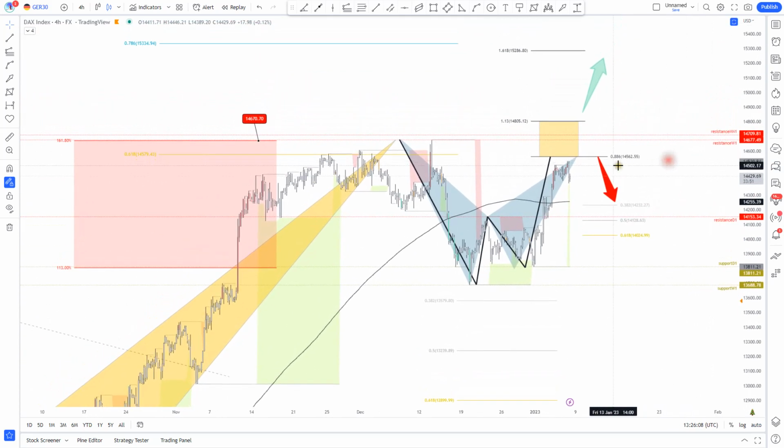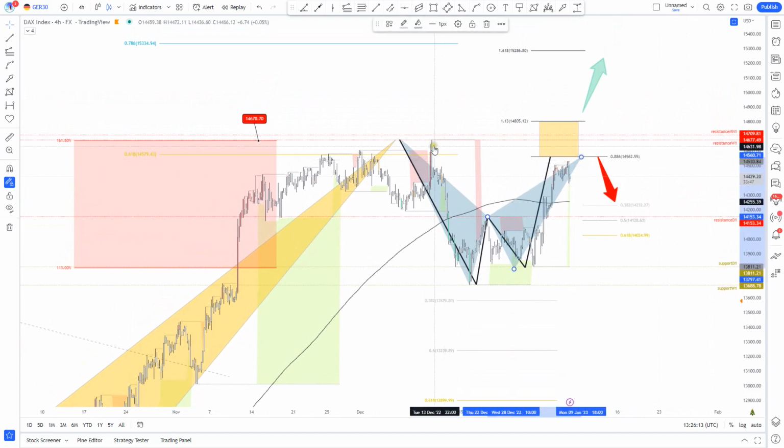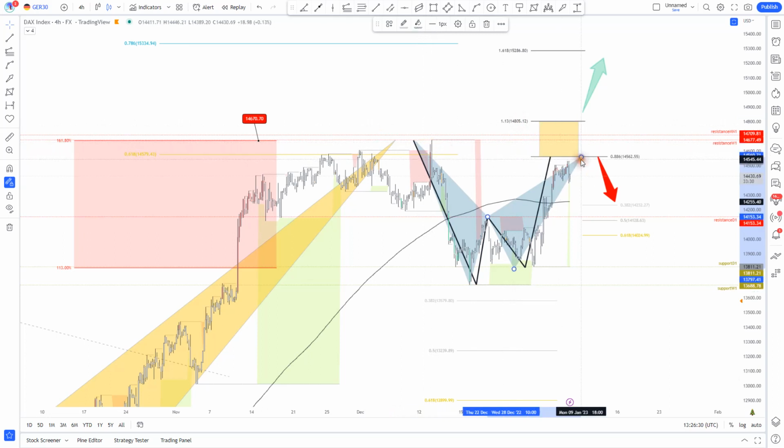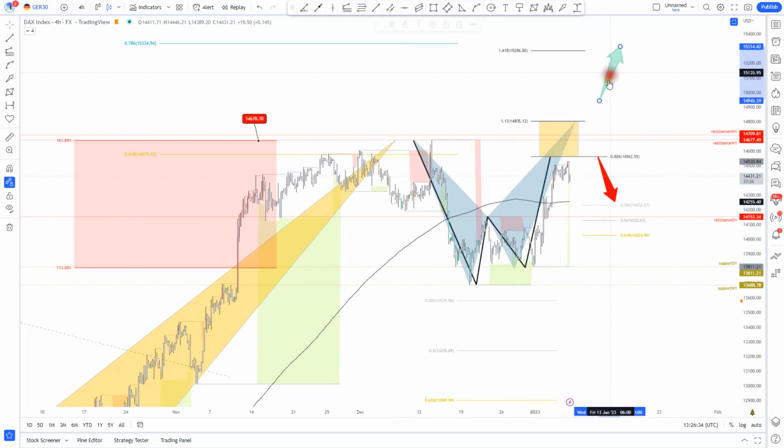As I said multiple times, if you want to try the short side of the DAX, specifically with this bearish bat pattern, we always need to take into consideration the 113% Fibonacci extension, a few points above the starting point of the pattern, because it may also complete the bearish alternate bat pattern, projected at 14,800.